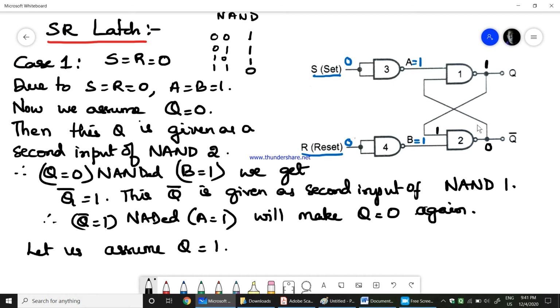Now this 0 is given as the second input to the other gate. 1 NANDed with 0 will make the output equal to 1. So you assumed 1, you got 1.